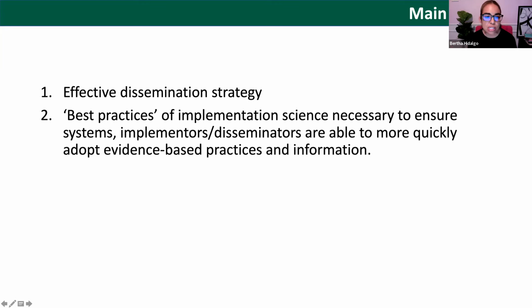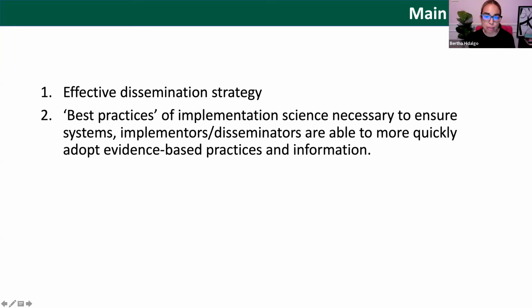The second challenge is that we don't really have a set of best practices. So I mentioned that this is sort of the forgotten part of, we say D&I, dissemination and implementation, but we really only focus again on that implementation phase. And so what are the best practices? I don't know. This is something that I'm actively working to try and figure out, if there are best practices in place that we can coalesce and be able to access as a research field.